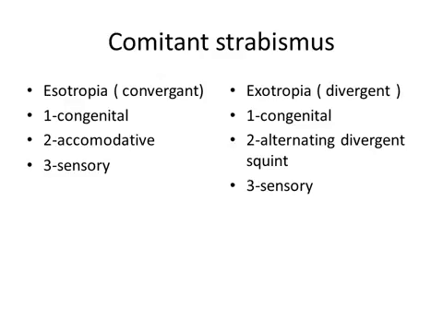For esotropia, which is convergent squint, we will discuss congenital esotropia, accommodative esotropia, and sensory esotropia. And for exotropia, which is divergent squint, we will discuss also the congenital, number 2, the alternating divergent squint, and 3, sensory exotropia.